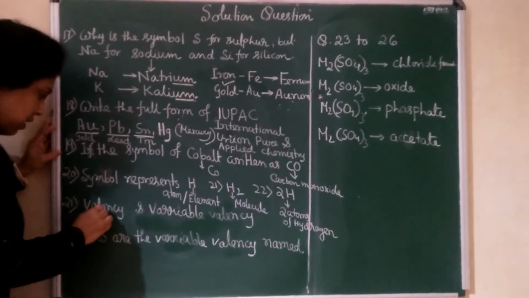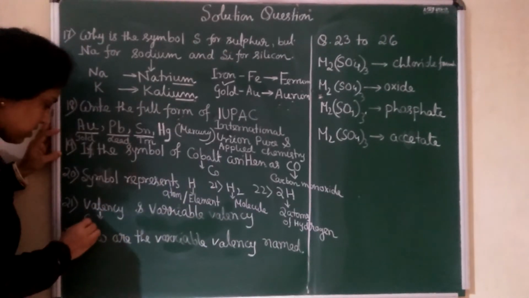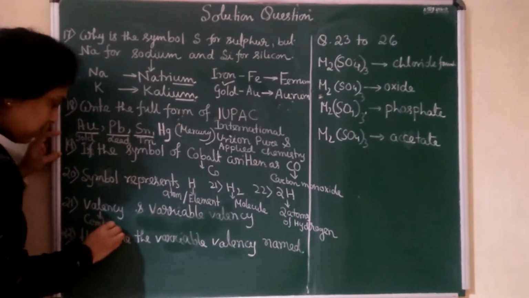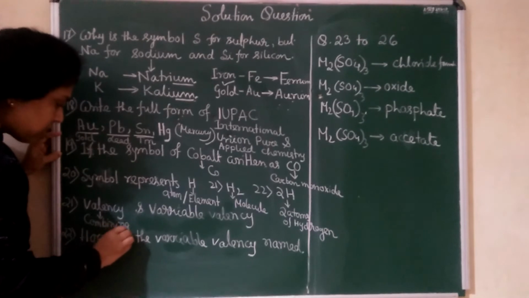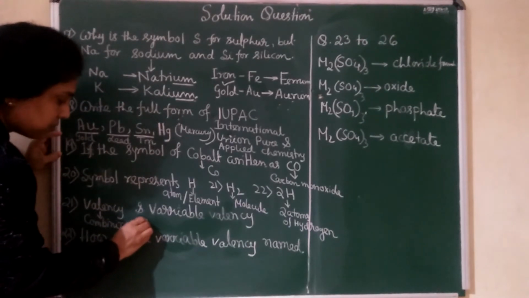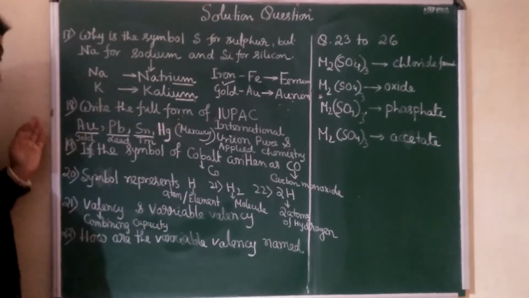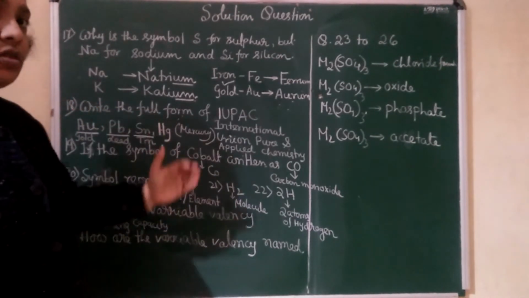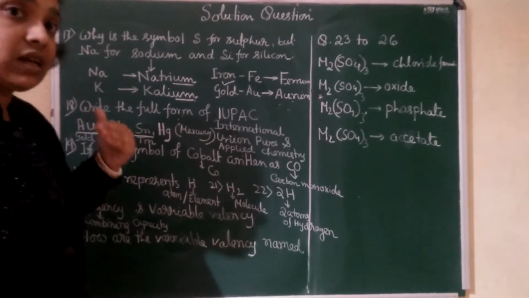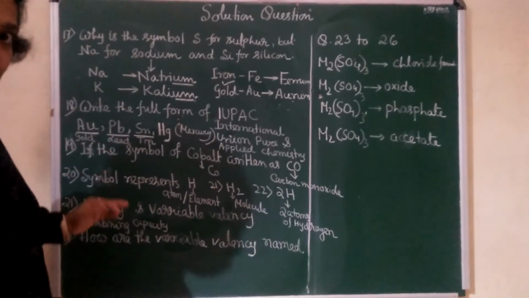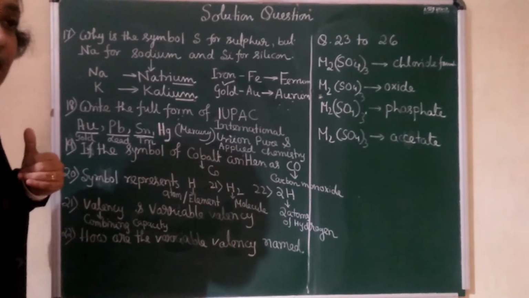Next, what is the difference between valency and variable valency? Valency, you know what it is? It is the combining capacity of an element. How many electrons it will lose, how many electrons it will gain, that indicates its valency. When will this take place?